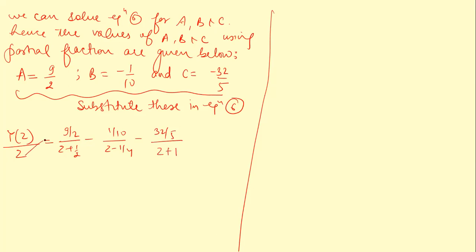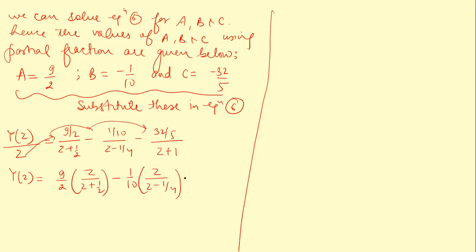So we'll multiply this z here, here and here, right? So we have yz is equal to 9 by 2 z upon z plus 1 by 2 minus 1 by 10 into z upon z minus 1 by 4 minus 32 by 5 into z upon z plus 1. Now, this is, let us say, equation number 7.